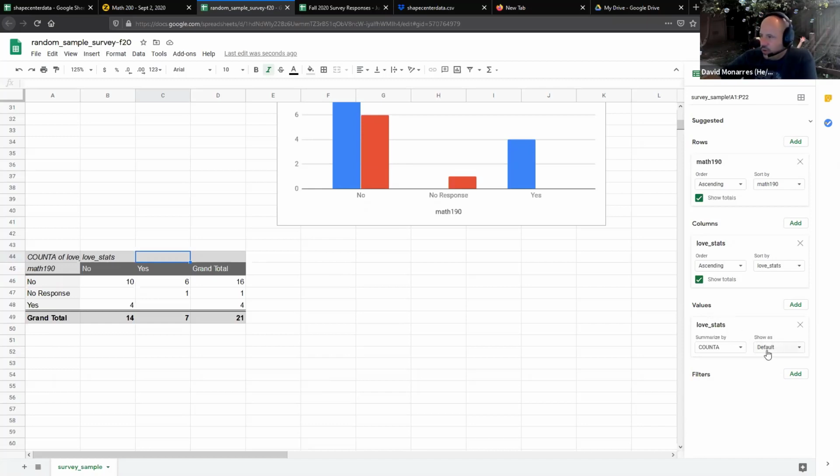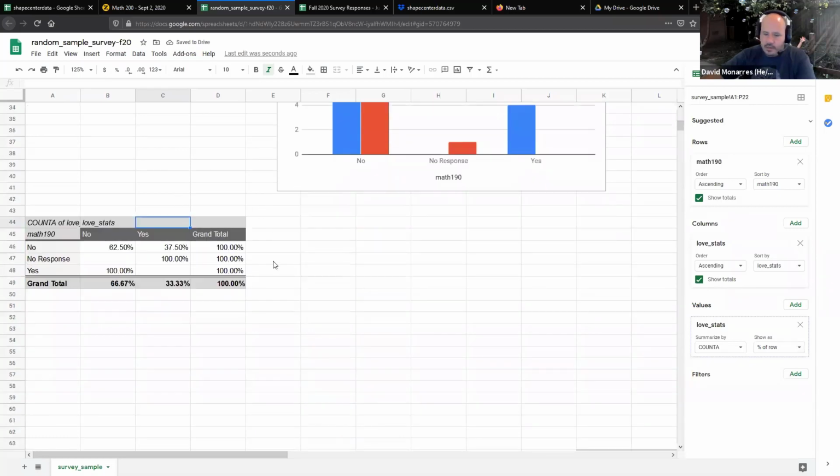Instead of having it show as a default, we go below it and it says percentage of row, percentage of column, or percentage of grand total. So we're going to have some different percentages that we can take, okay? So I'm going to show percentage of row first and then talk about what that just did.